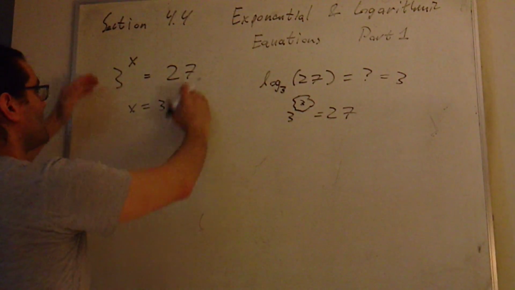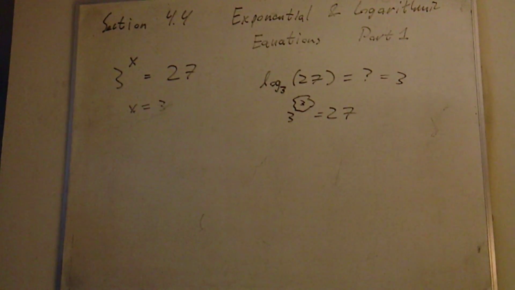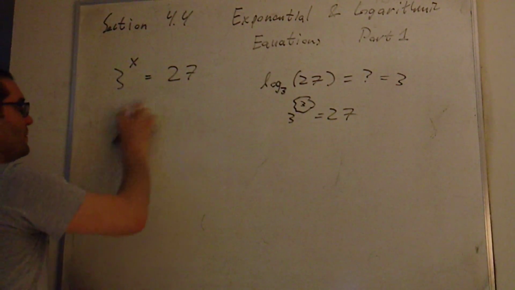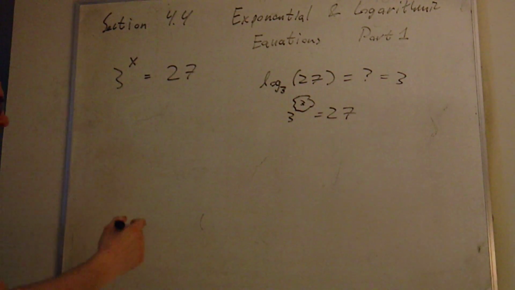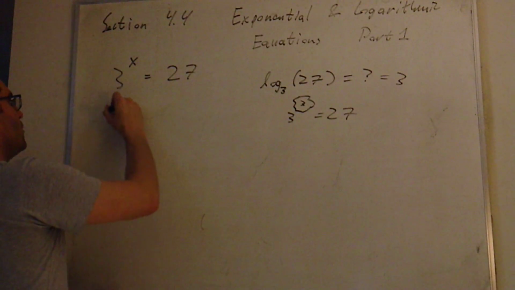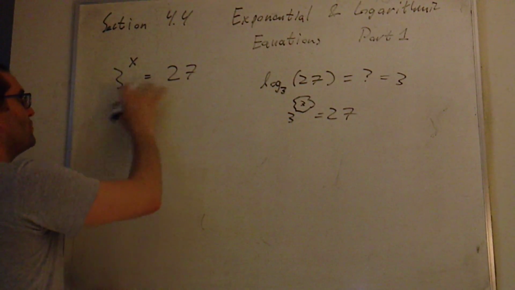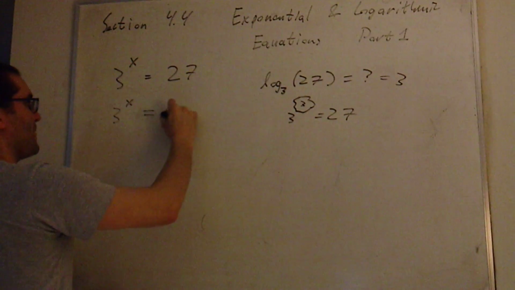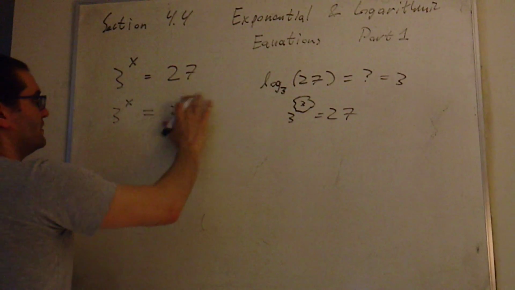Even though this is clear, I'm going to add a step so that we can generalize from that extra step what to do in more weird situations. One way to think about this is to write both of these things as powers of the same base. So here we have 3 to the x is 27.